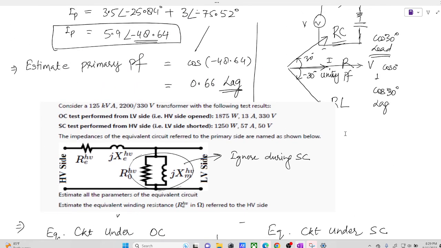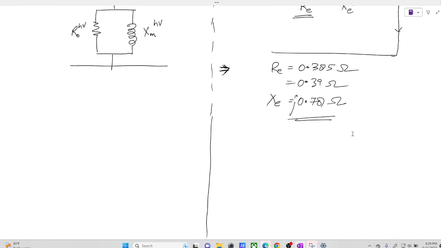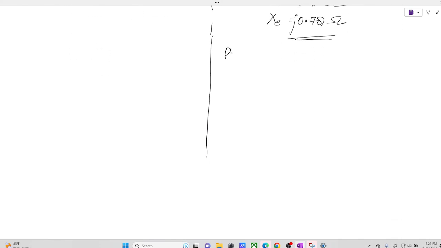What they have given: P short circuit is 1250, V short circuit is 50 volts, and ISC is 57 ampere.